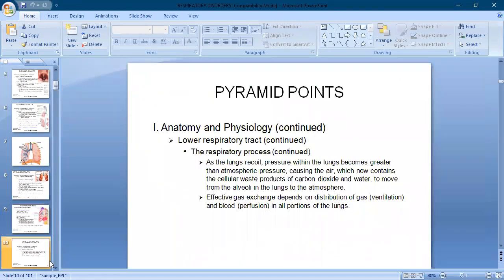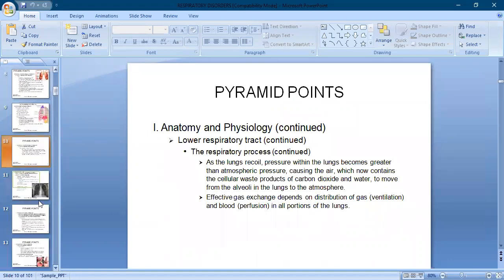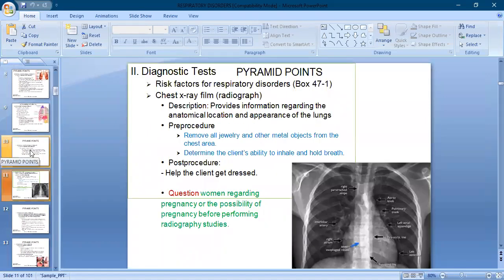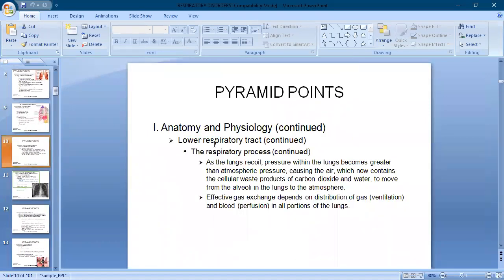And here we are showing the lower respiratory tract and the process of respiration, right? As the lungs recoil, the pressure within the lungs becomes greater than atmospheric pressure, causing the air, which now contains the cellular waste products of carbon dioxide and water, to move from the alveoli of the lungs to the atmosphere.